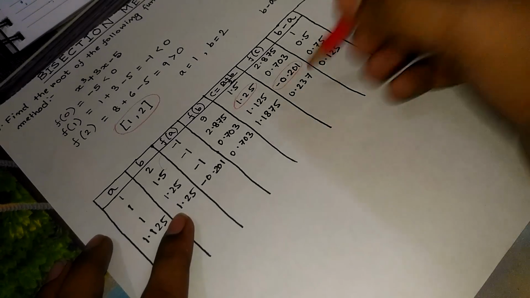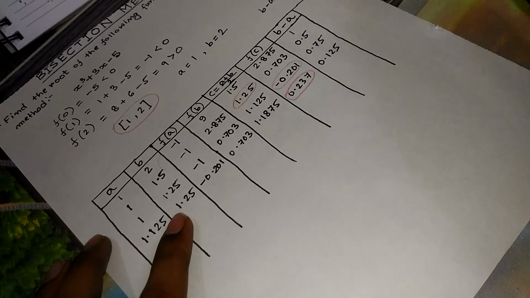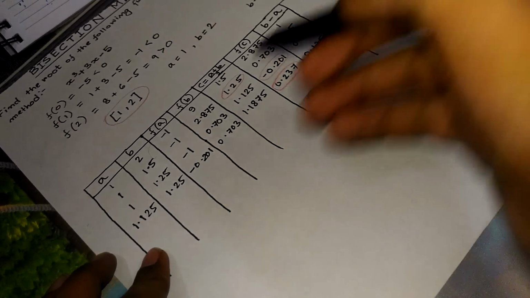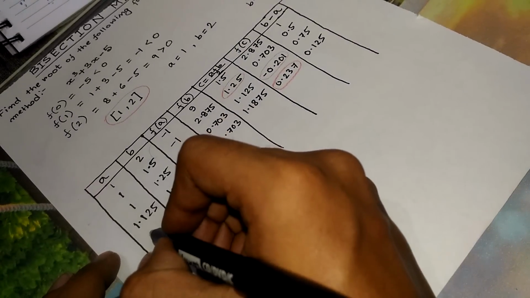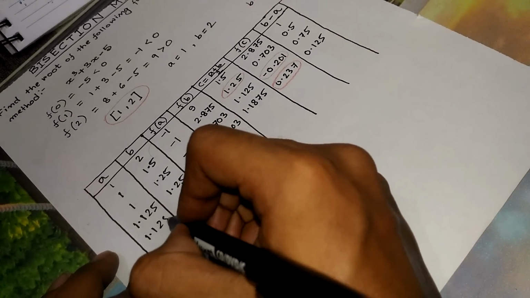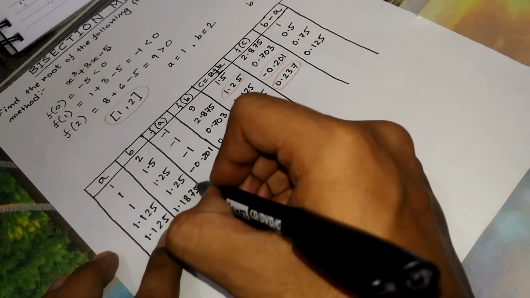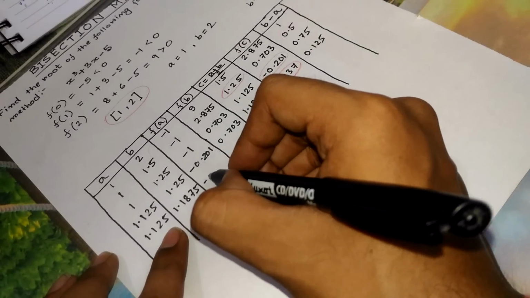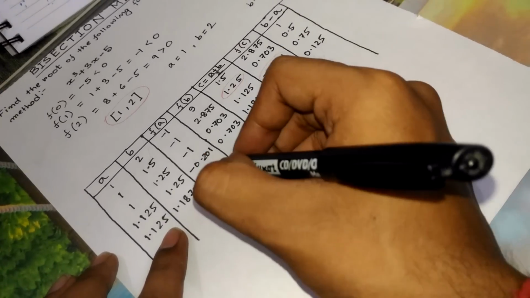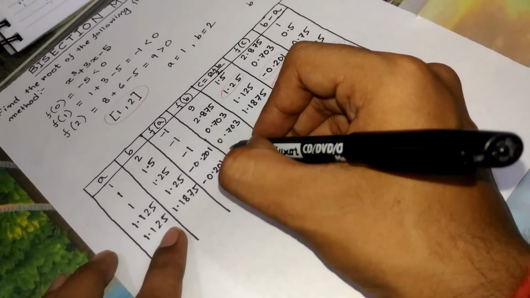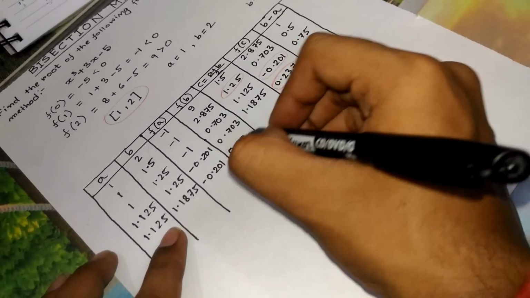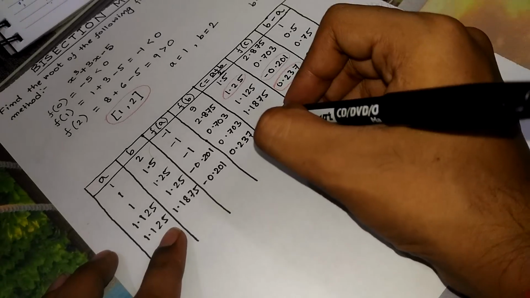See, again f of c is positive, that's why we will change the value of b. The value of a will remain the same, 1.125. The value of b will become 1.1875. Now the value of fa will be minus 0.201, the same. The value of fb will be 0.237, that's fc.